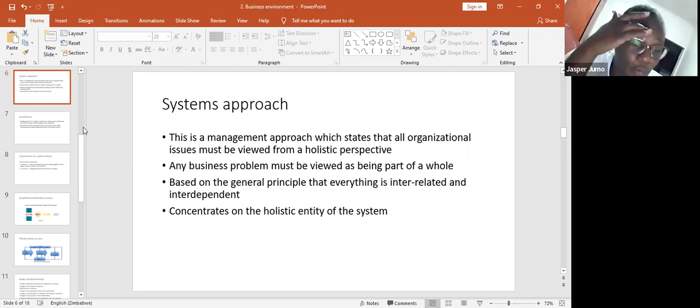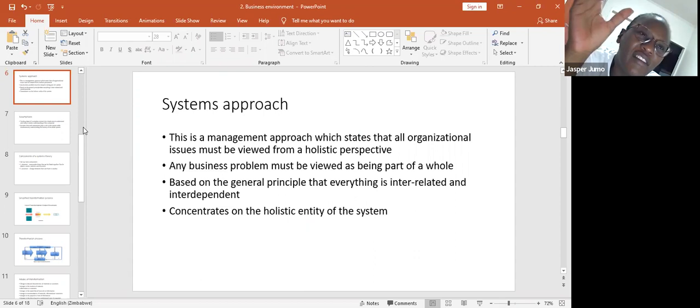And this is an approach that you need to know even as you run a business, as you manage a business. There is what we call the systems approach. Now, the systems approach is a management approach. As a manager, you have your strategies that you use as you are running your business.